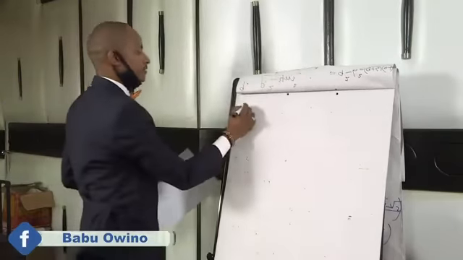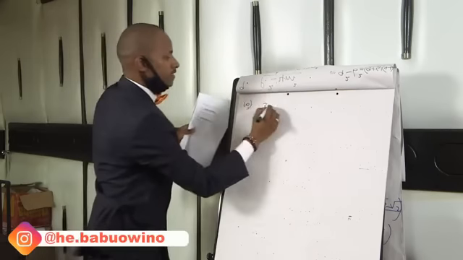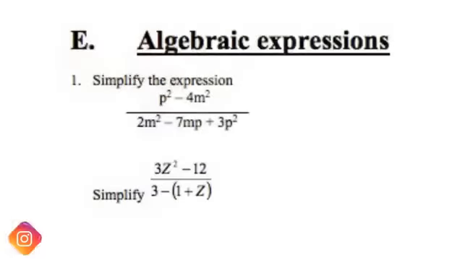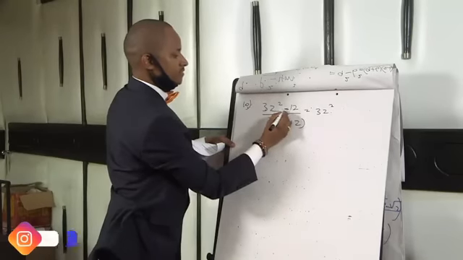Question 10. 3z squared minus 12 divided by 3 minus 1 plus z. So remember I told you, you observe the difference of two squares. Simplify. So here we can see 3z squared minus 12.